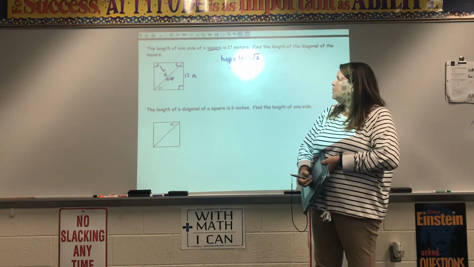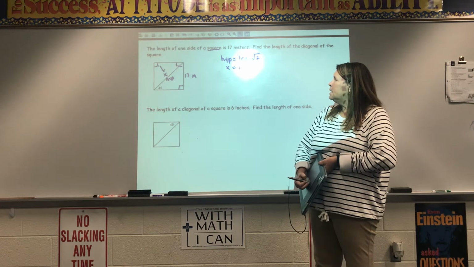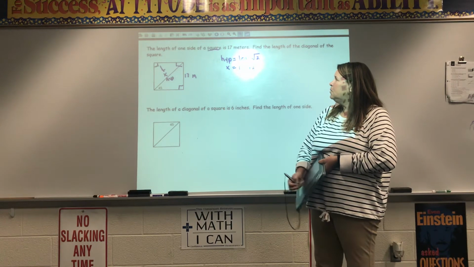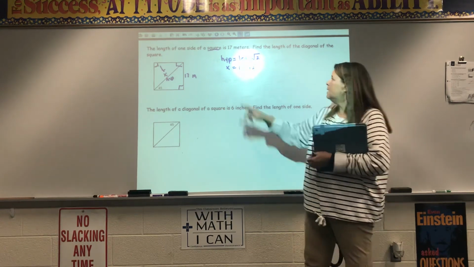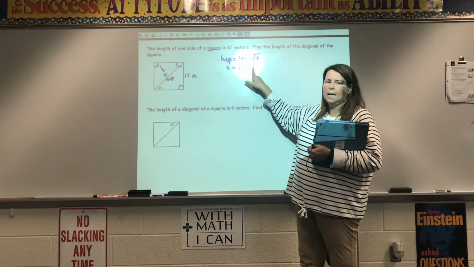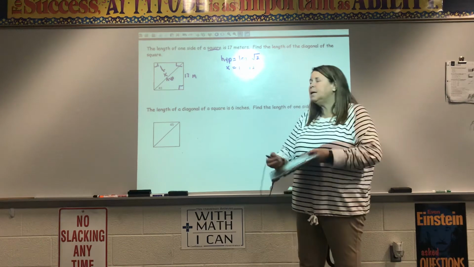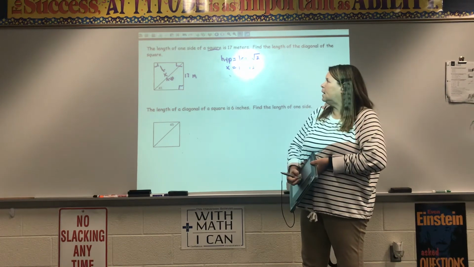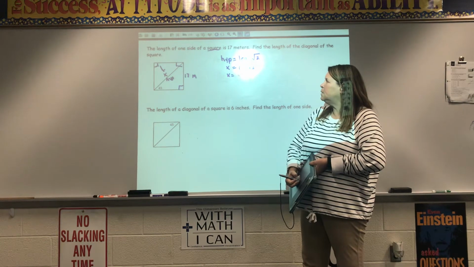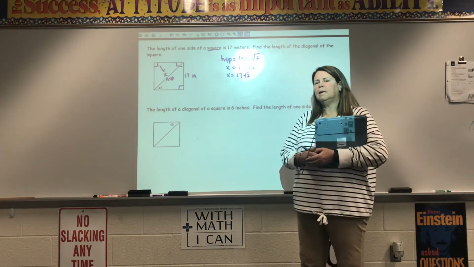So my hypotenuse x equals leg 17 times radical 2. I cannot multiply an outside number with a radicand inside. So to simplify this, you simply get rid of the multiplication dot. So x is equal to 17 radical 2. And that is our answer.